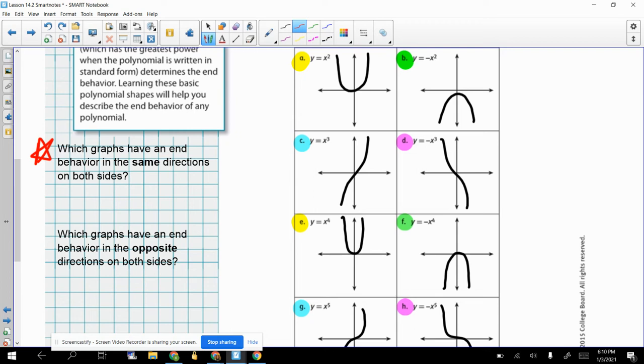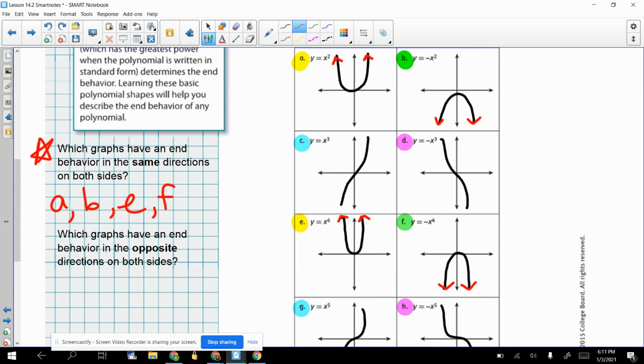So you should be thinking A, both pointing up, B, both pointing down, E, both pointing up, and F, both pointing down.